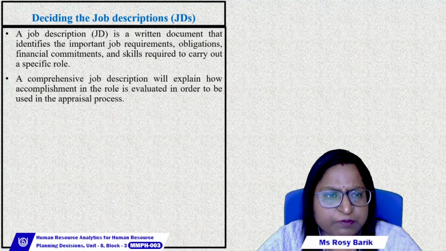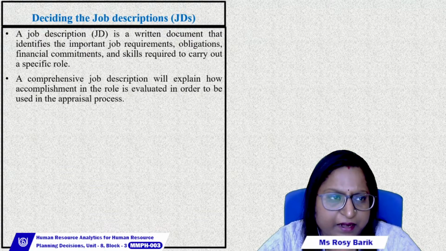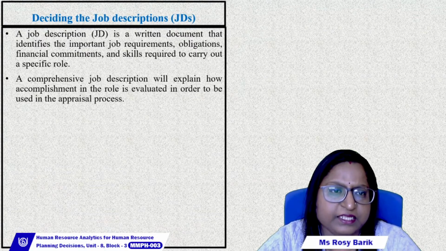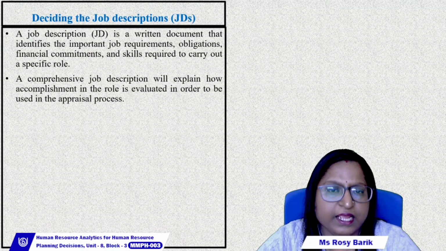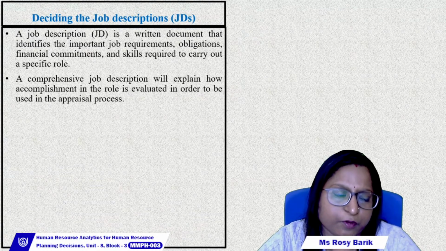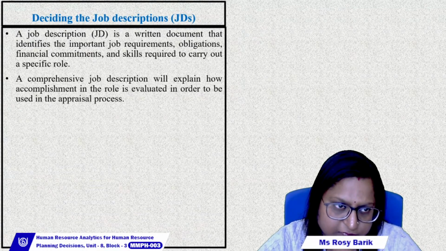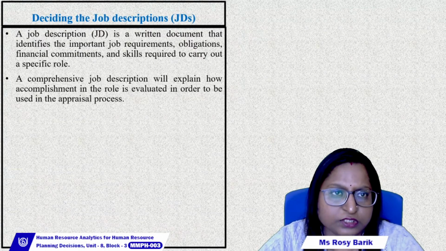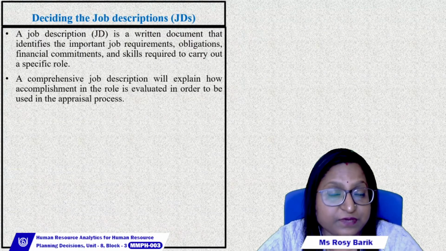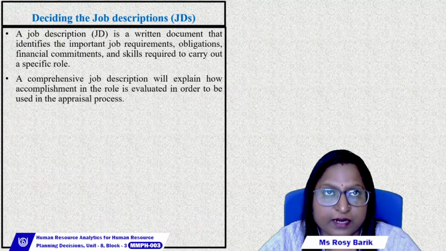A comprehensive job description will explain how accomplishment in the role is evaluated, in order to be used in the performance appraisal process. So the job description is an essential part of job analysis.